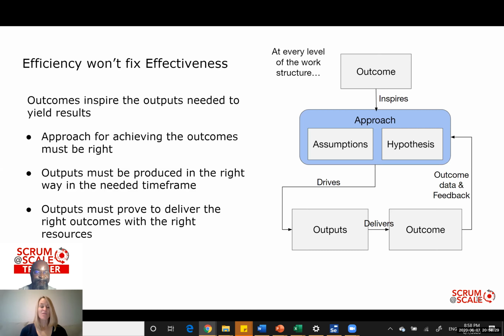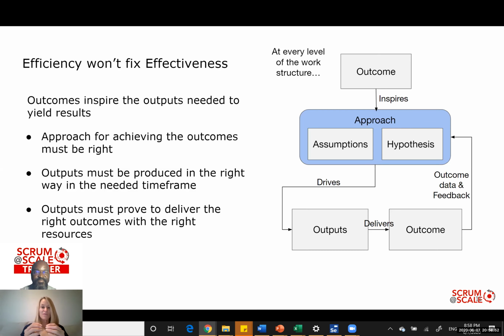Right. And in the bigger scheme of portfolio management, it's really important to understand at what levels the outcomes are being produced as anticipated, and at what layers in that breakdown structure the outcomes are not being produced because the hypothesis or the assumptions are proving to be false.